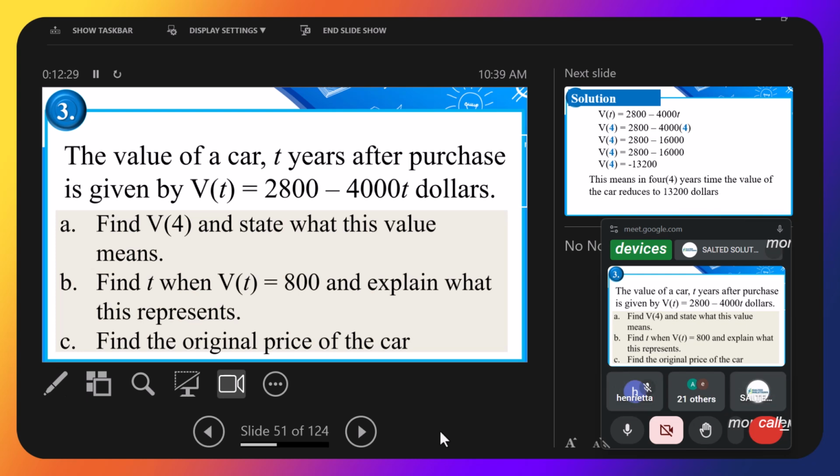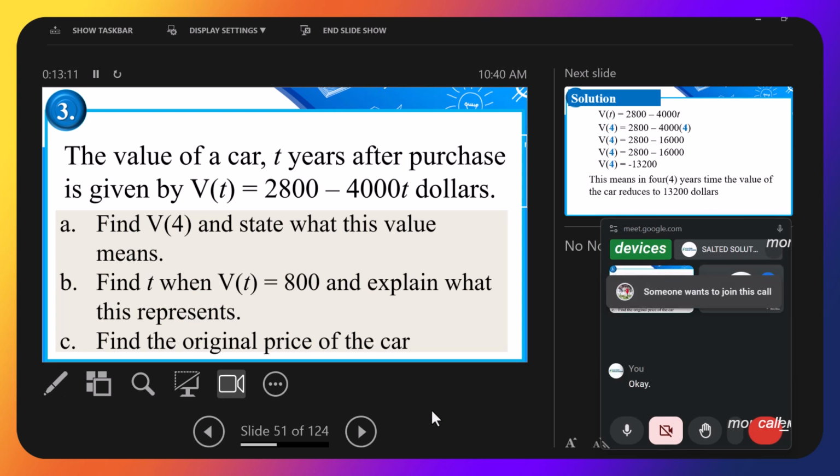So let's move to that quickly, whilst others are still joining. So this was the question. Let's take the first one, for example. Okay, so people keep joining, but we'll proceed.